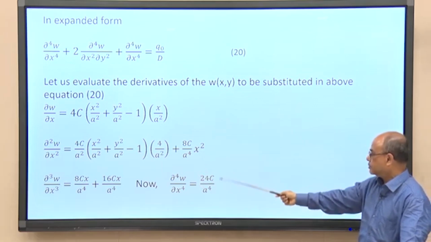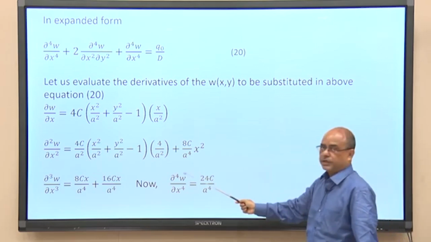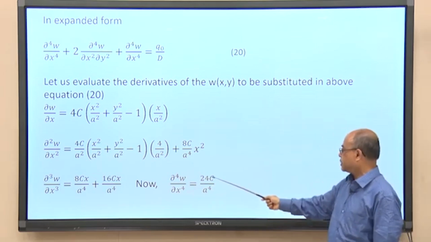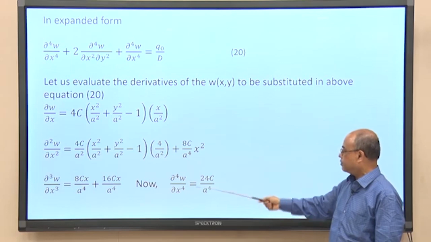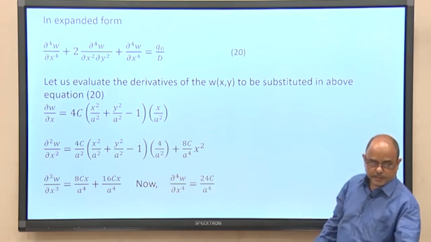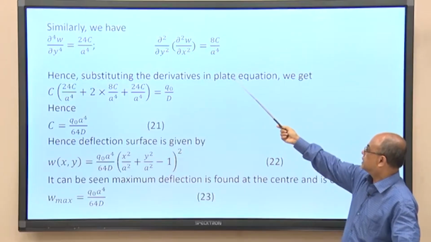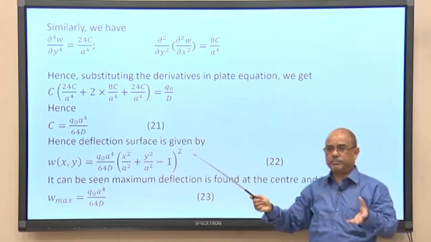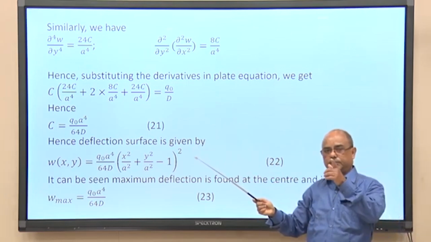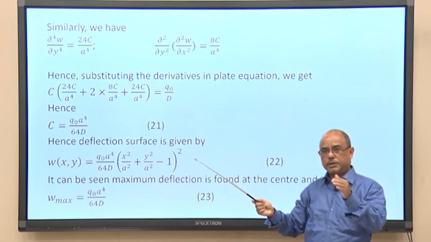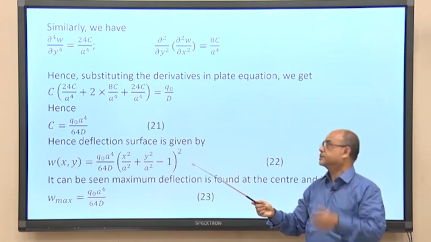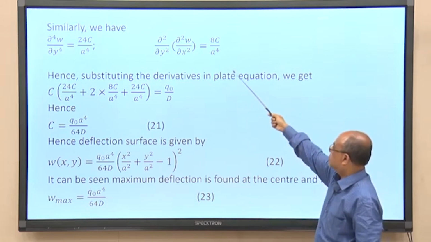Lastly we go to the fourth derivative, which is 24 c by a to the power 4, it can be easily verified, and similarly we can obtain the derivative with respect to y and the cross derivative that is required for the second term, that is 2 into del 4 w divided by del x square del y square. So, that quantity is also evaluated.